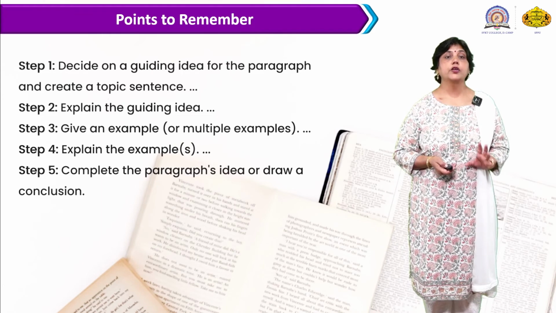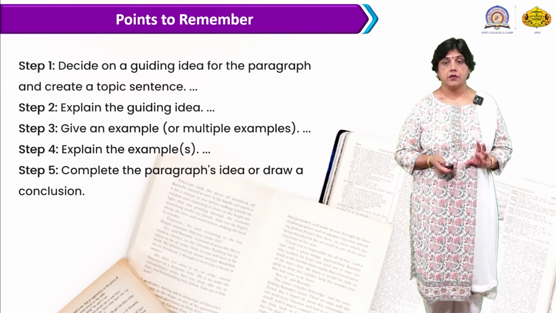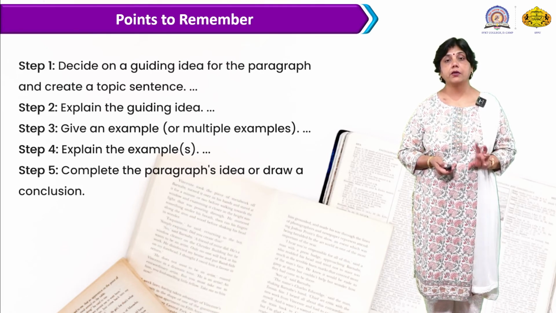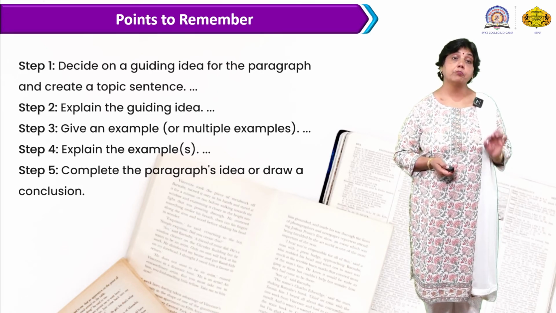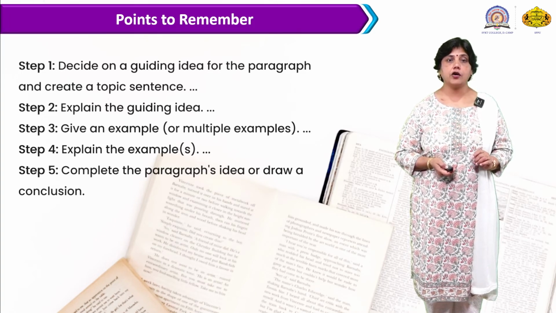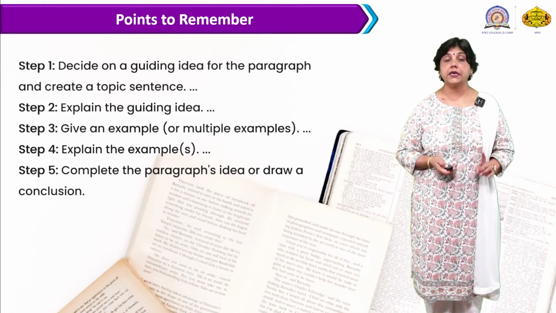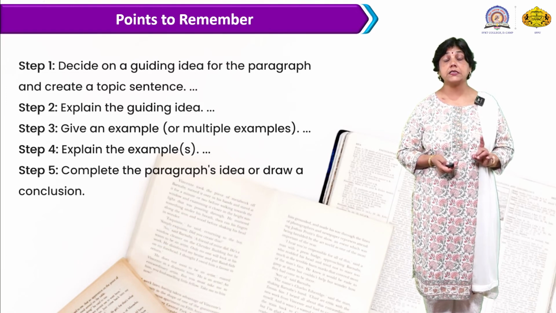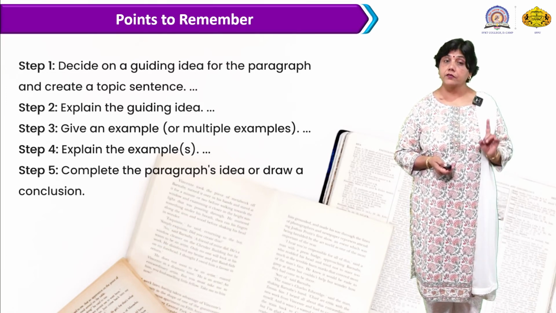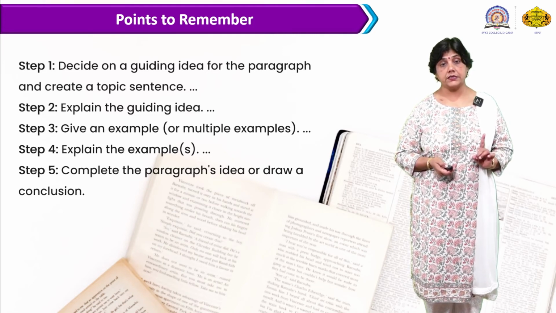Now, points to remember. Because we have gone through the complete PPT, now we have to remember what the main points are. First, decide on a guiding idea of the paragraph and create a topic sentence. This is the most important thing, selecting a topic sentence.